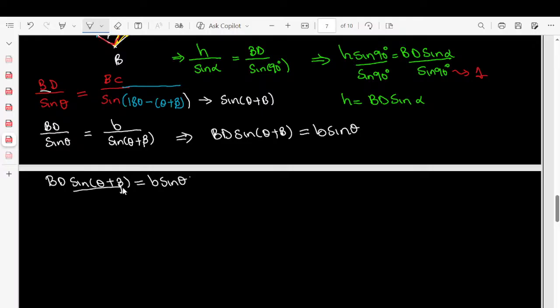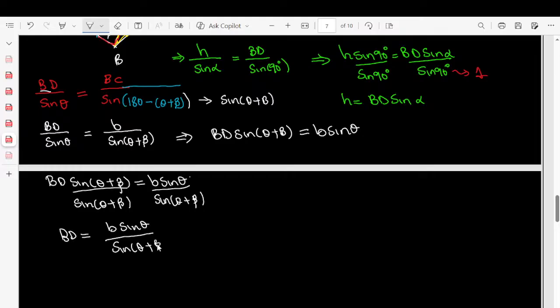So I can divide this side by the sine of theta plus beta, and divide this by the sine of theta plus beta. What do we get? BD is equal to b sine theta over the sine of theta plus beta.